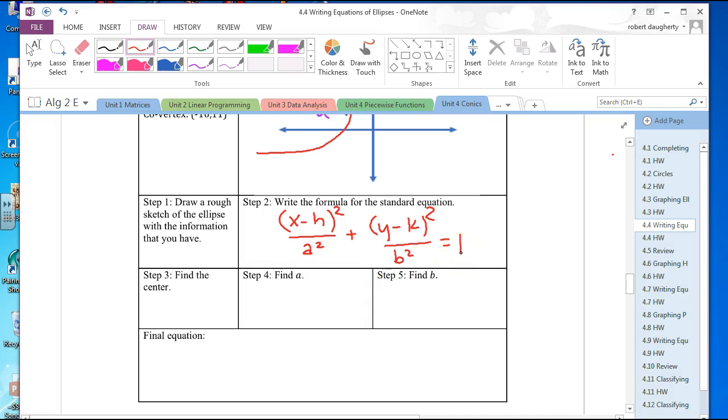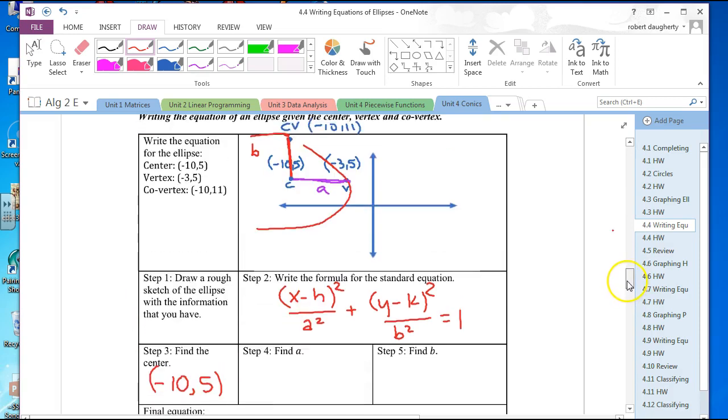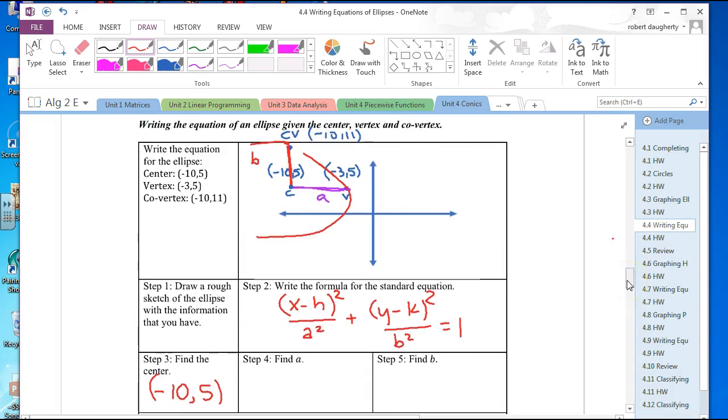So where's the center again? Our center is negative 10, 5. And how do we figure out what A is? What's the distance from negative 10, 5 to negative 3, 5? From negative 3 to negative 10, that distance is 7.